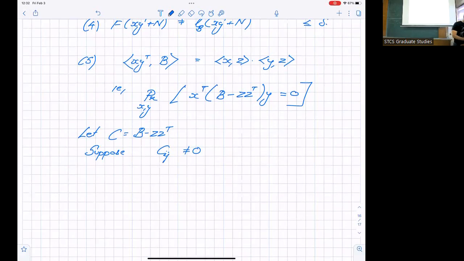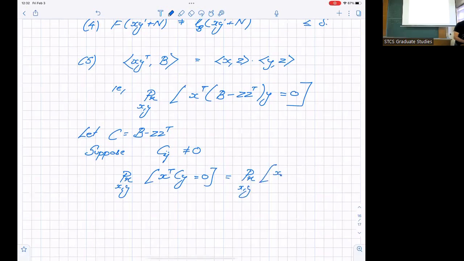If Cij is non-zero, I want to claim the probability over x and y that X transpose Cy is equal to 0 is the same as the probability over x and y that xi yj Cij plus the summation over the rest, i prime not equal to i, j prime not equal to j, of Cij xi yj, equals 0. This is what we want to say.